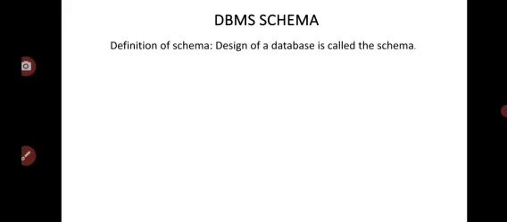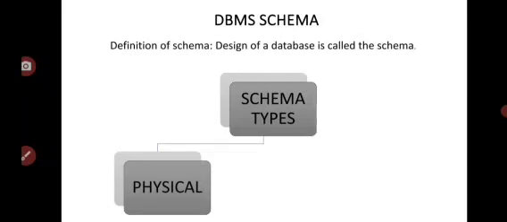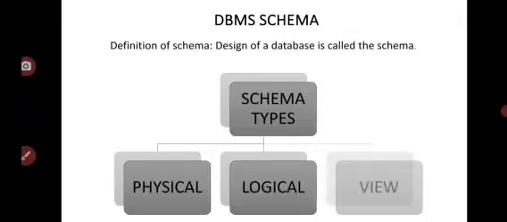In DBMS, the definition of the schema, the design of the database, is called a schema. While designing the database, we come across the structure of the database, and designing the structure of the database is called a schema. It is also called a schema diagram. Schema types: physical schema, logical schema, and view schema.